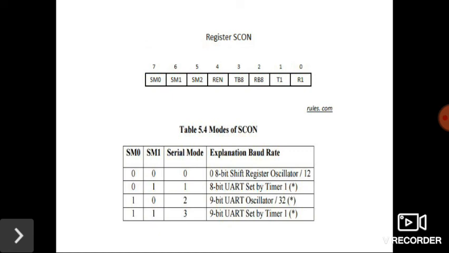Then 01 means serial mode 1, an 8-bit UART with baud rate set by timer 1. 10 means serial mode 2, a 9-bit UART with oscillator-based baud rate. Then 11 means serial mode 3, a 9-bit UART with baud rate set by timer 1. Further on we will see the serial modes 0, 1, 2, 3 and so on.